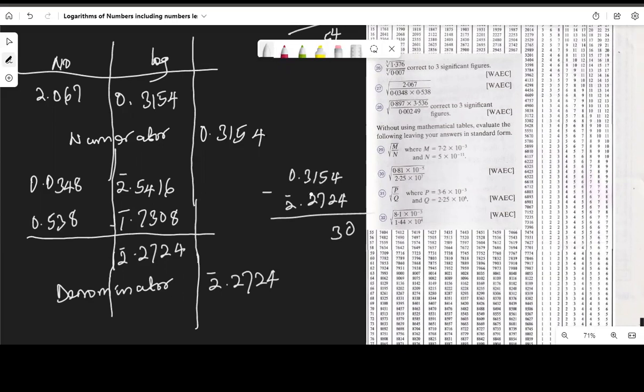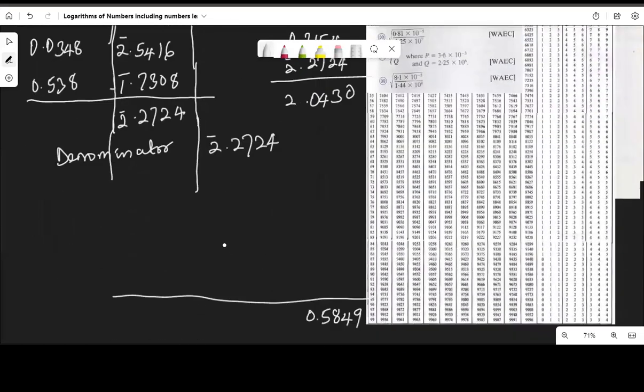Borrow, that is 11. 11 minus 7 is 4. This remains 2. 2 minus 2 is 0. Point 0 minus bar 2, which is 0 plus 2 since minus times minus is plus. And 0 plus 2 is 2.